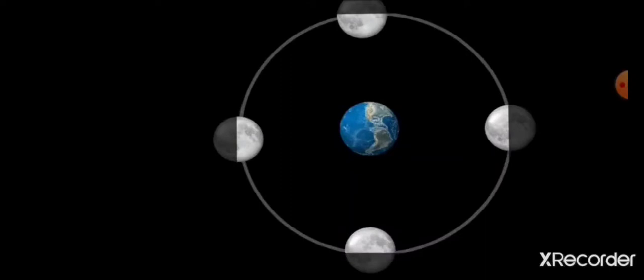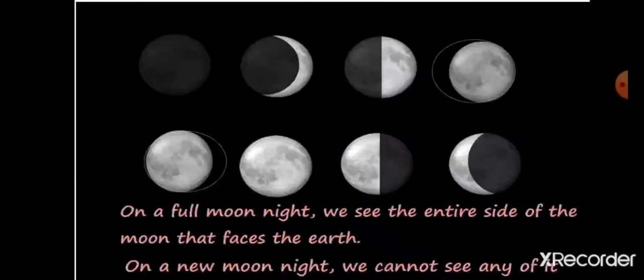That is, from the earth we see only one side of the moon. On a full moon night, we see the entire side of the moon that faces the earth. On a new moon night, we cannot see any of it.